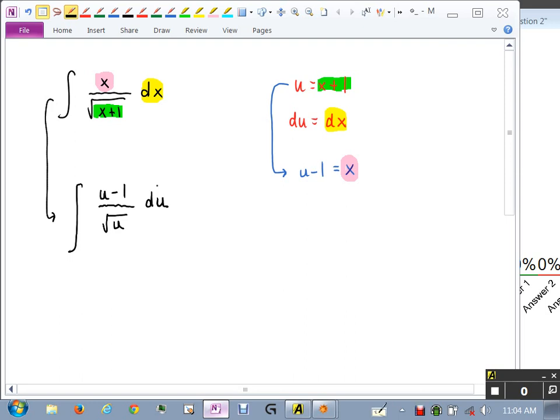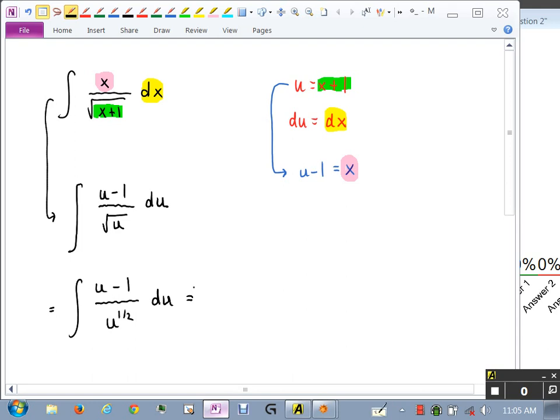Now you may argue that I haven't really made the problem any better because I still have a square root in there, right? However, this is what we did in 4.7. This is all power rule stuff. You have two terms on top, and you have a single term in the denominator. The denominator is a power of u. So in other words, I can rewrite this as u minus 1 over u to the half du.